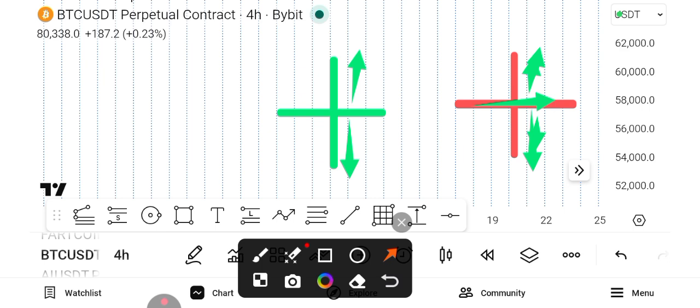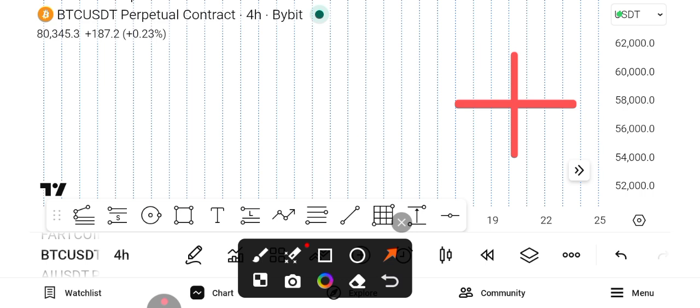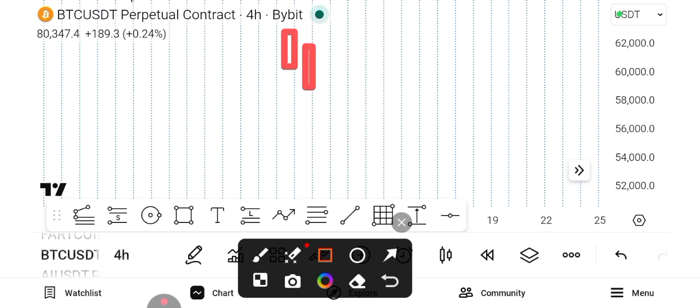So let me show you another structure. Now we have a bearish move. They were selling and they got to the bottom and something happened.